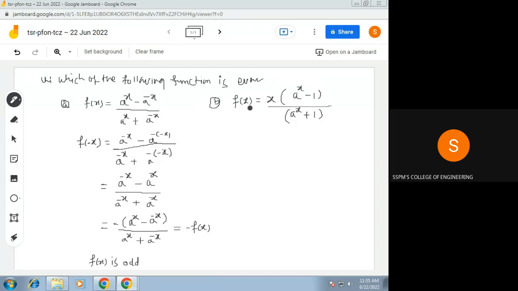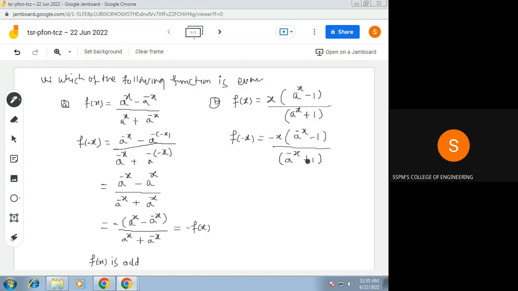Replace x by minus x, the same theory as before, the theoretical representation. So f of minus x is minus x times e raised to minus x minus 1 upon e raised to minus x plus 1.